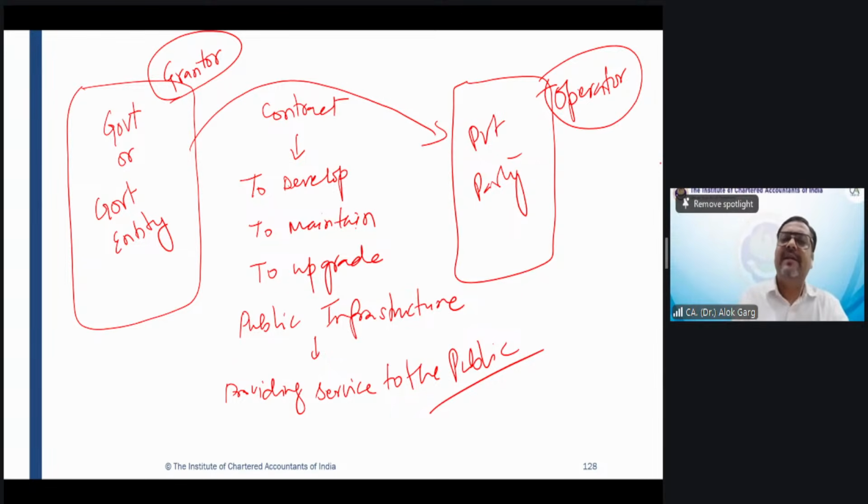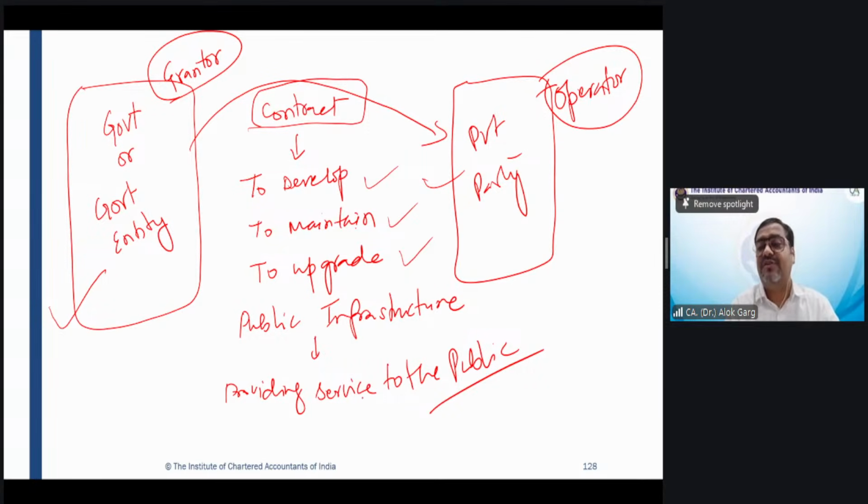So my dear friends, in a service concession arrangement, the government or a government entity enters into a contract with a private party to develop, maintain and upgrade public infrastructure which provides service to the public. This government or government entity is known as the grantor, and the private party is any private entity. For example, NHAI, the National Highways Authority of India, is a government entity.